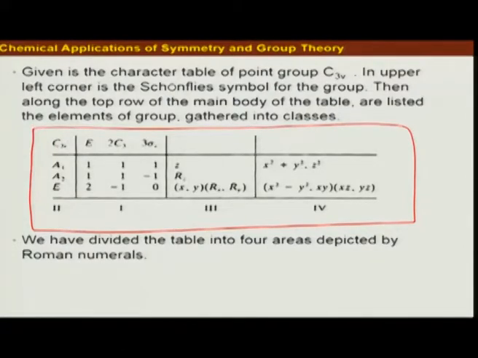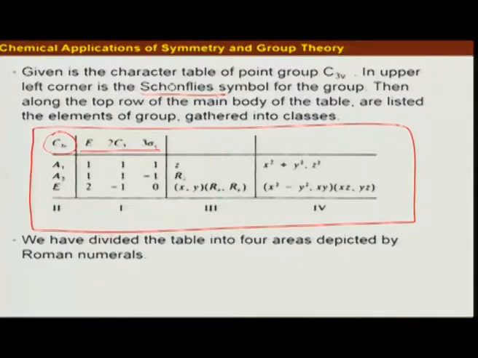At the very beginning, in the top left corner, you have the symbol of the point group, which is given by the Schoenflies notation. Next to that you have the symmetry elements which are clubbed in classes.